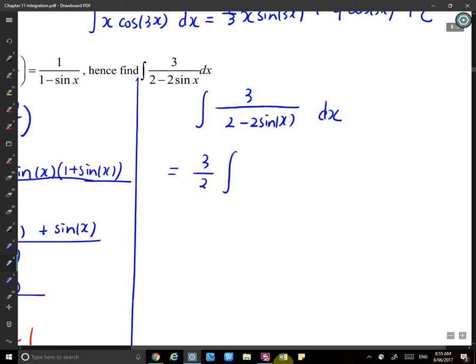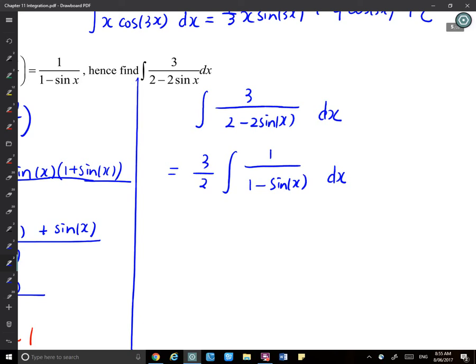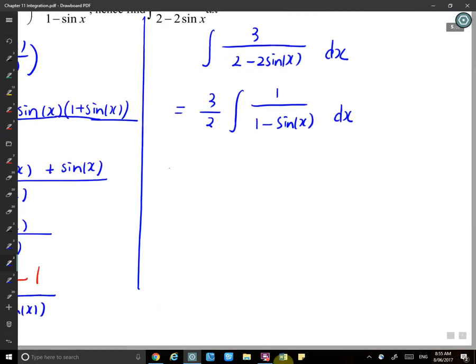That's a 3 over 2. Can you see that? I must make it look exactly the same as what we got. It's basically asking me to find that. I can take a 2 as common factor from the bottom, so that's a half, and the 3 on the top, so it's 3 over 2 as the factor. So I want to find 3 over 2 of that.